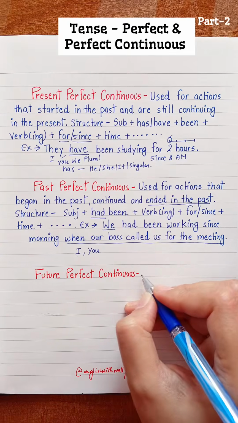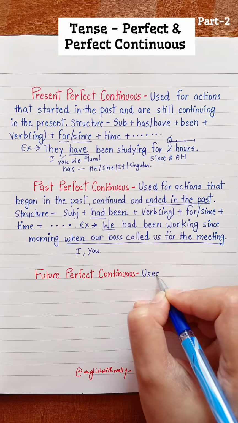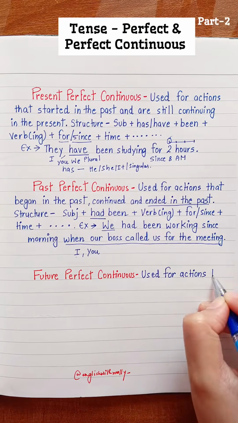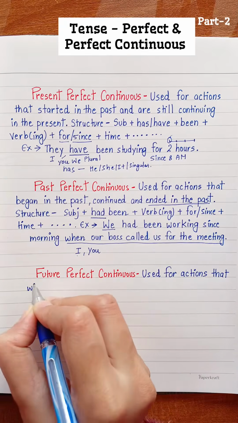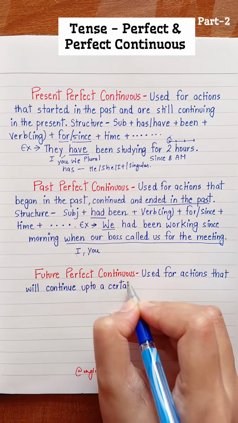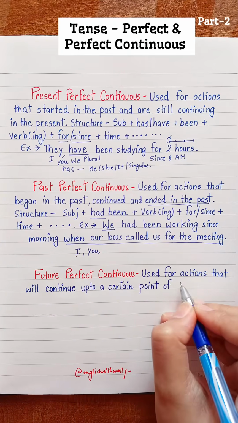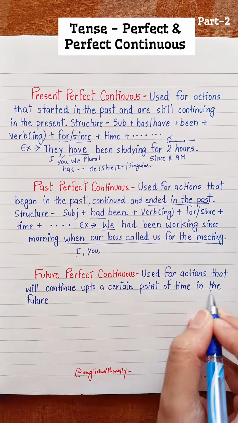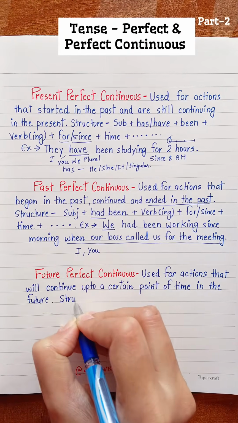Let's move to future perfect continuous tense. Future perfect continuous tense is used for actions that will continue up to a certain point of time in the future. Now let's see the structure.